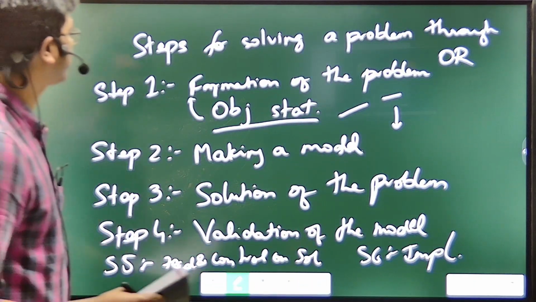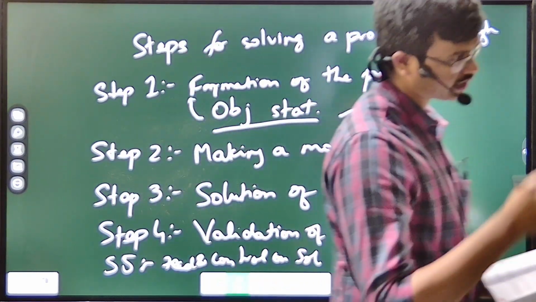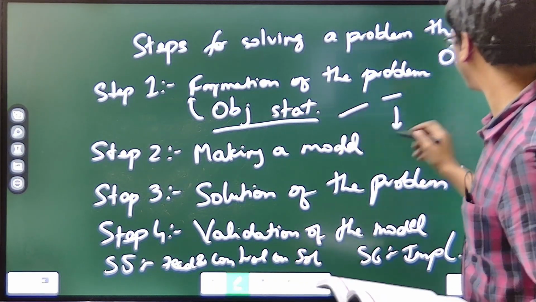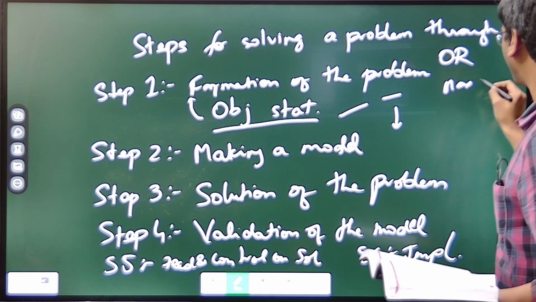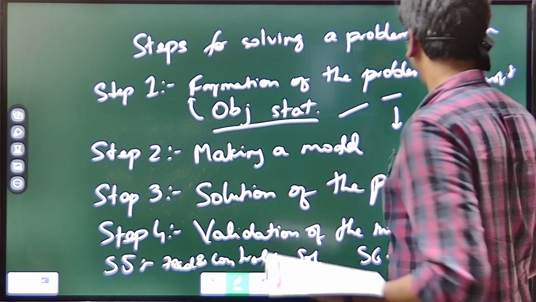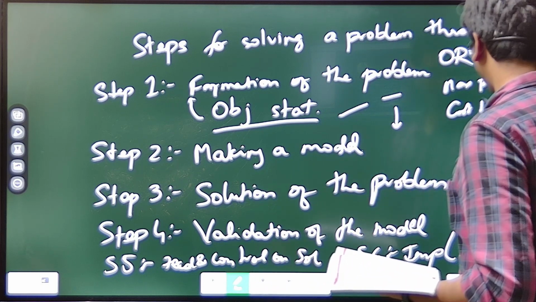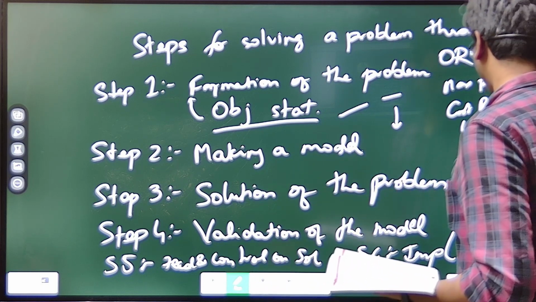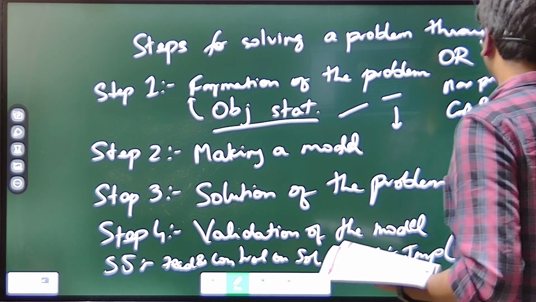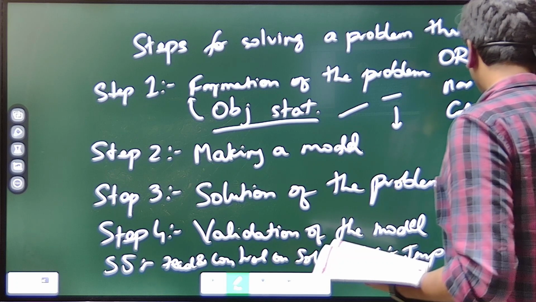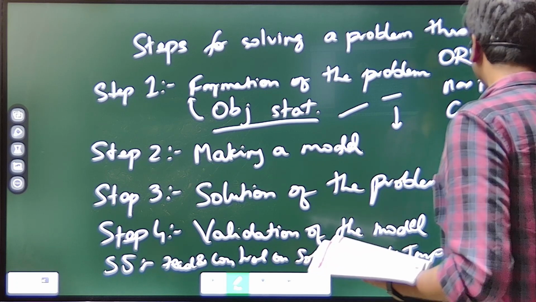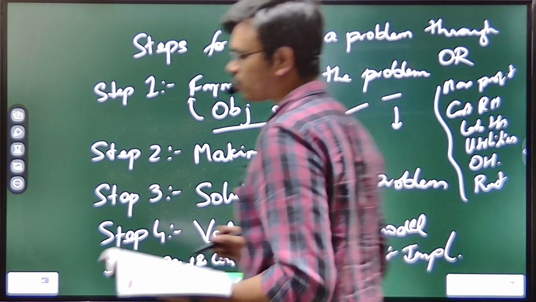In OR there is something called iterations. Suppose you have one problem, he says maximize profit, and you have many variables: cost of raw material, labor hours, utilities, overheads, rent.